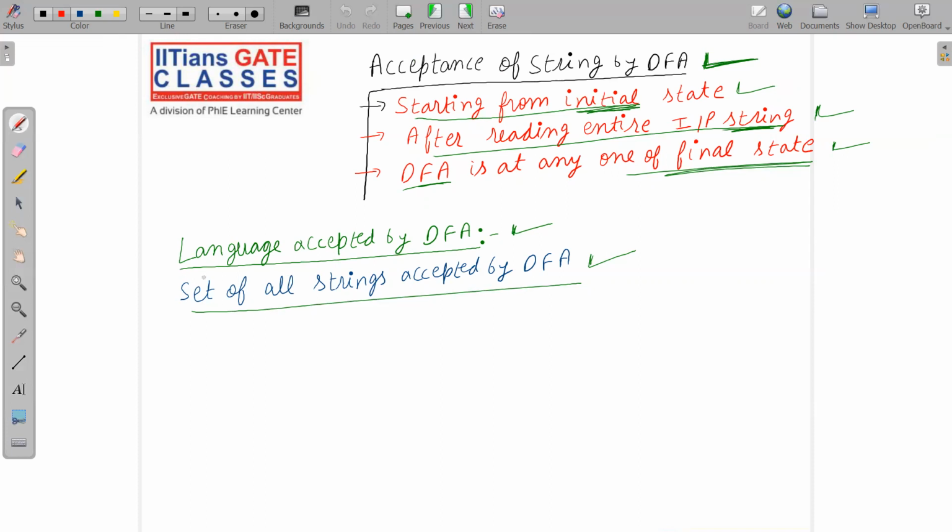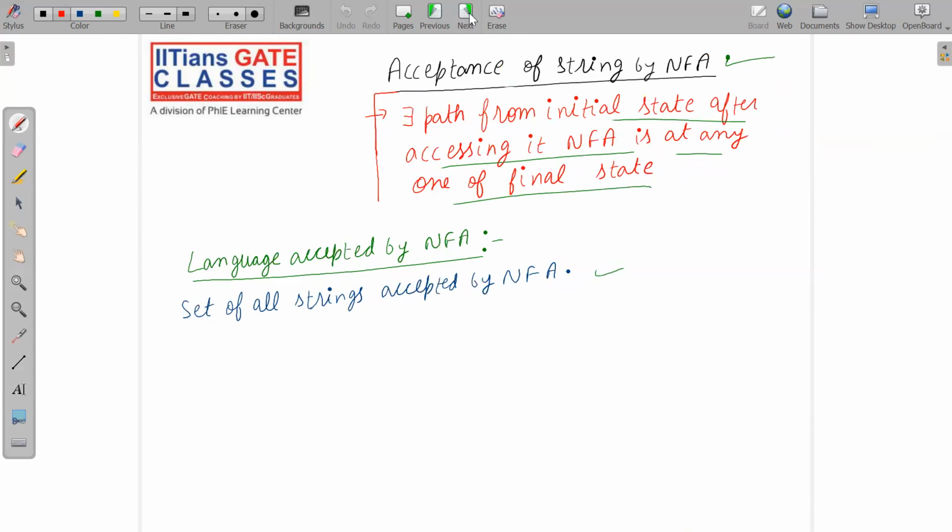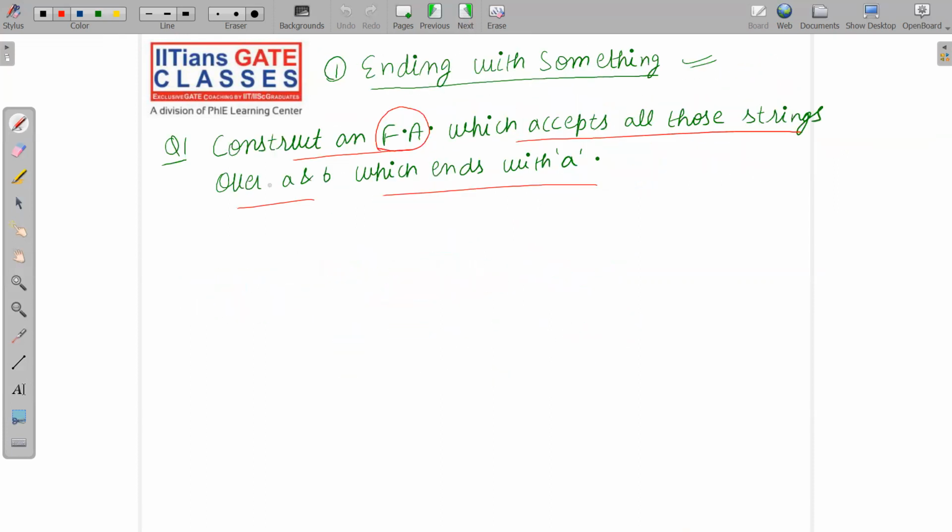Okay, so let's take the first example, that is, ending with something. Construct an FA which accepts all those strings over A and B which end with A. Very simple case. See, ends with A. So let's take one final state, and after reading A we will move here.